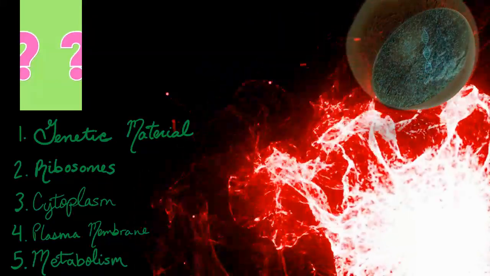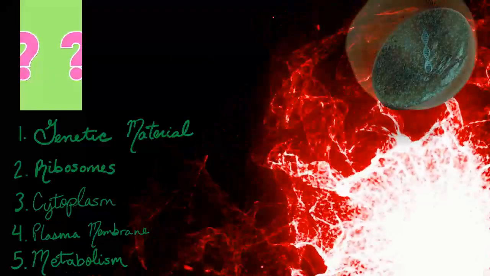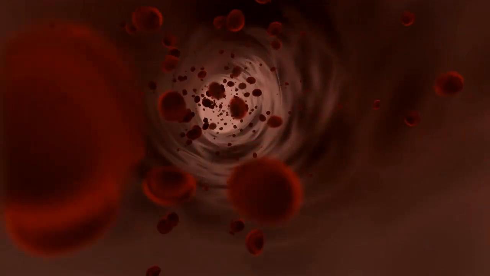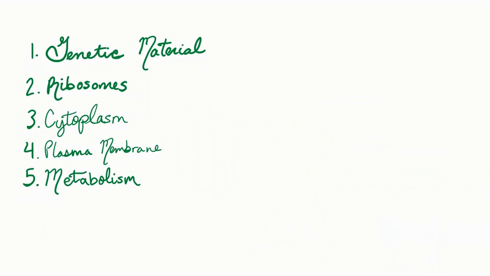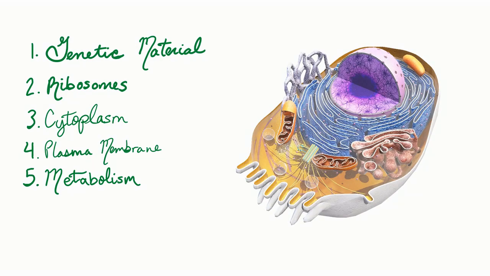The only notable exception to this rule are our red blood cells, but we're just going to ignore those weird guys for now. For the purposes of this course, we will hold on to these main truths and use them as our scaffold to navigate through the rest of this course. We will do this by first focusing on within single cells, meaning we will focus on the genetic material, ribosomes, and our cytoplasm.